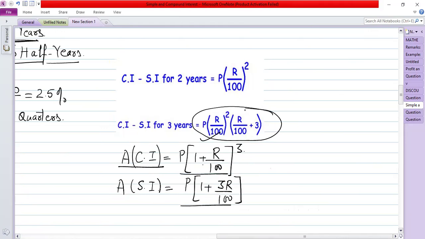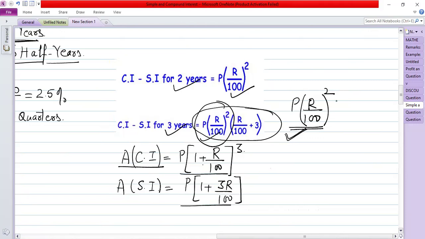If someone observes here, whether it is for 2 years or for 3 years, the term P into (R by 100) square is common. If the difference is asked for 2 years only, then we will use this term only.